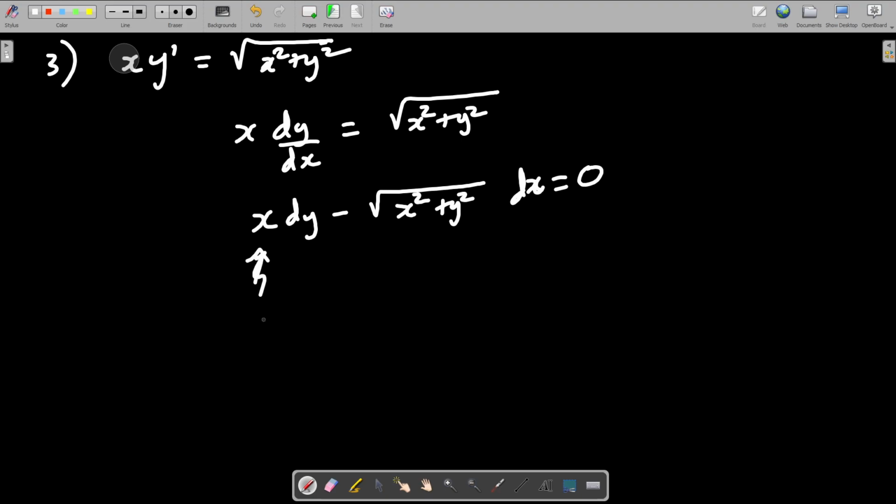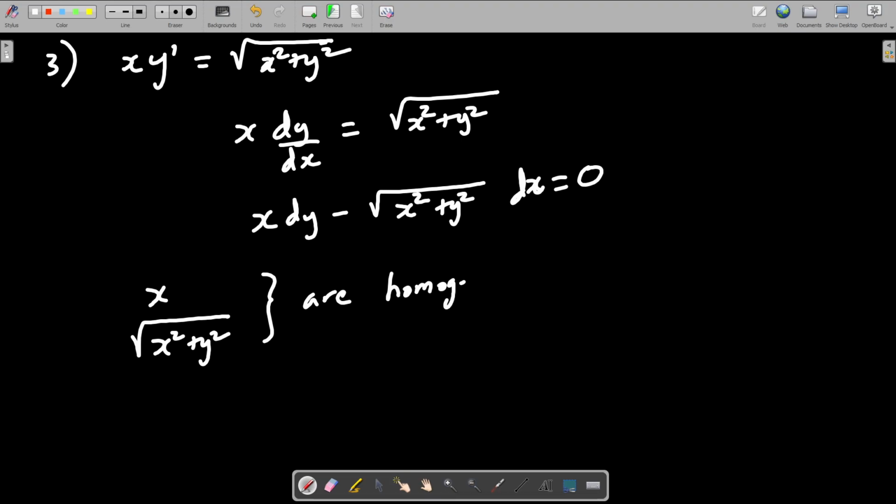This is homogeneous of degree 1, and you can verify that both are homogeneous of degree 1, right?